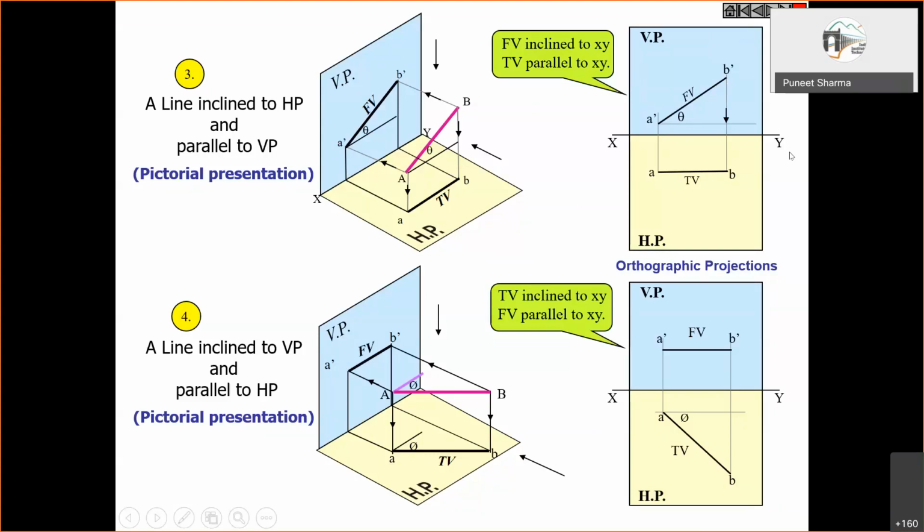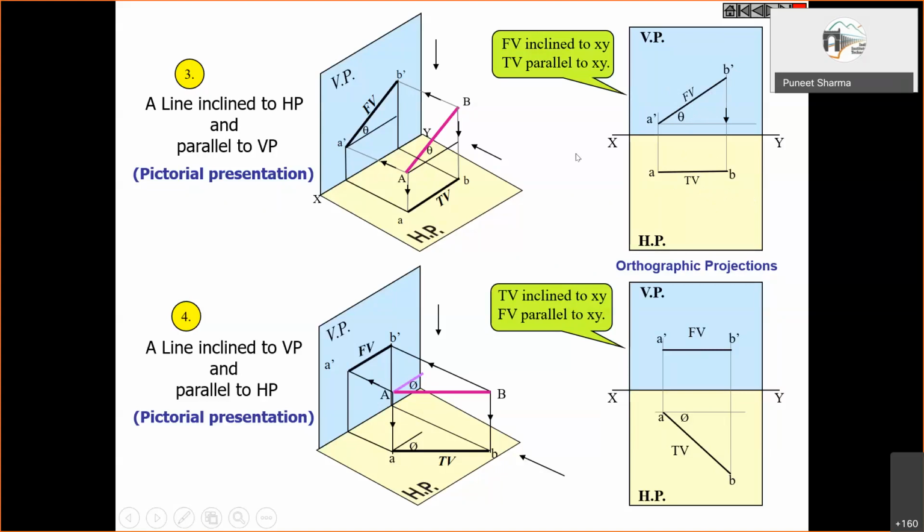These things we will have to make use of later on. Top view is parallel to xy when the line is parallel to the vertical plane. And this theta is the inclination with the horizontal plane, and this true length is given by the front view.